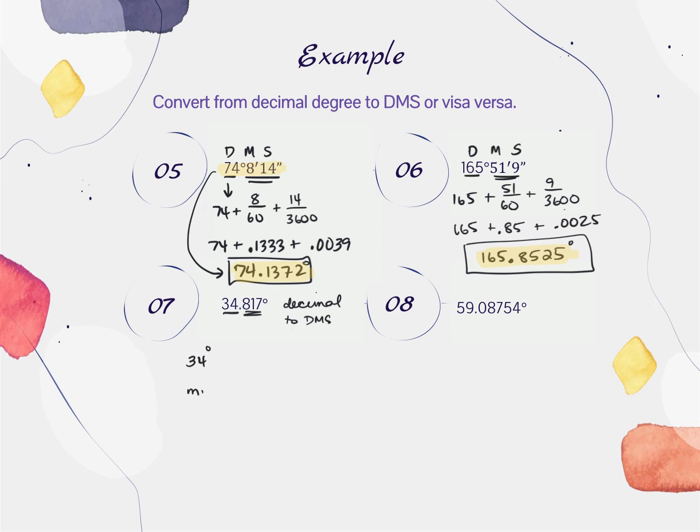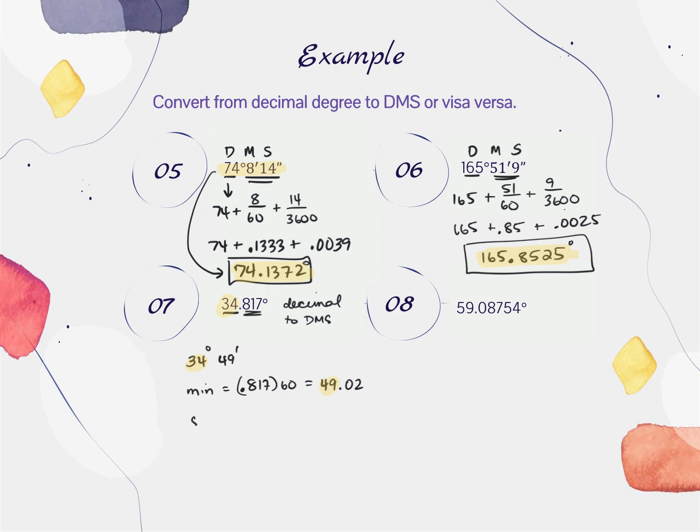So what I do to identify my minutes is I take the decimal as it is, 0.817, and I multiply it by 60. And when I do that, okay, I'm going to get 49.02. And just like with the 34, I took the whole number part of it and I made it my degree. I'm going to take the whole number part of 49.02 and I'm going to make that my minutes, okay?